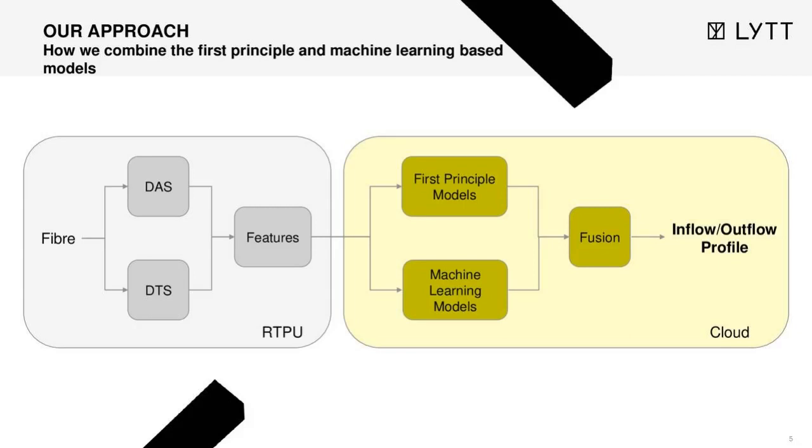On the left, we can see that we acquire two different types of signal from the fiber: an acoustic one, known as distributed acoustic sensing, which is DAS, and a thermal one called DTS, which stands for distributed temperature sensing. So let's talk about these two signals.